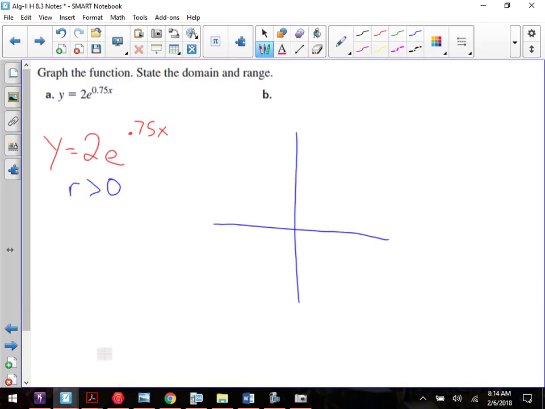The only thing that I can do here, quite literally, is I know exactly where my y-intercept is. Where is it? 2. It's when x is 0. There's my y-intercept.